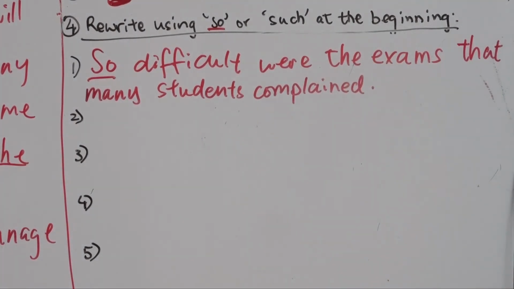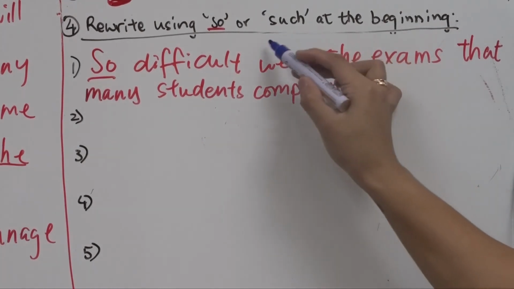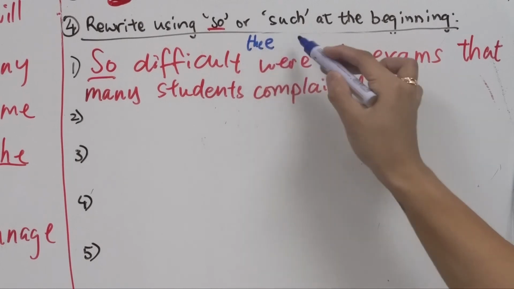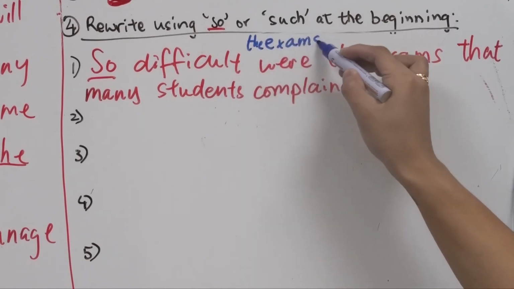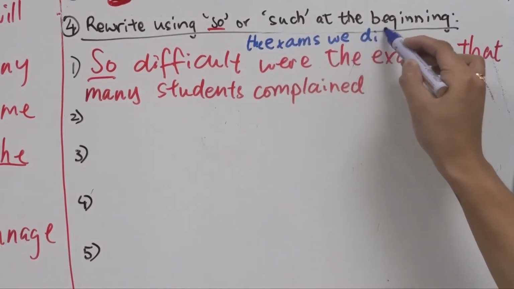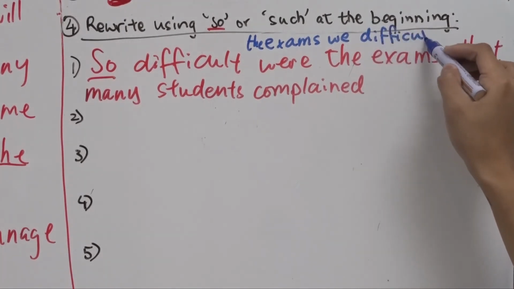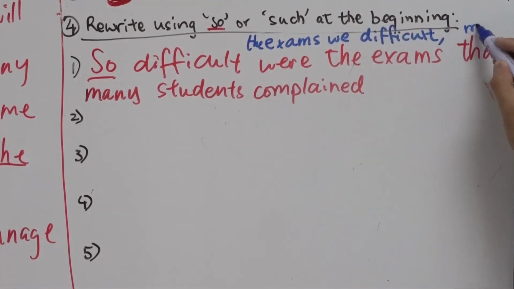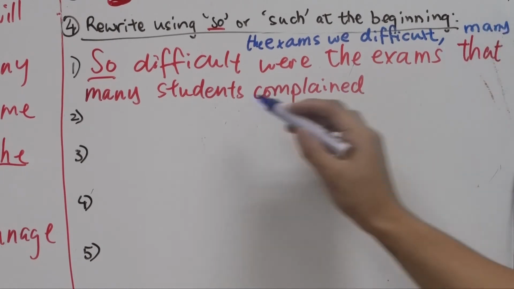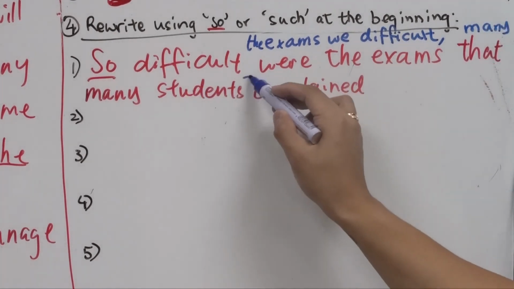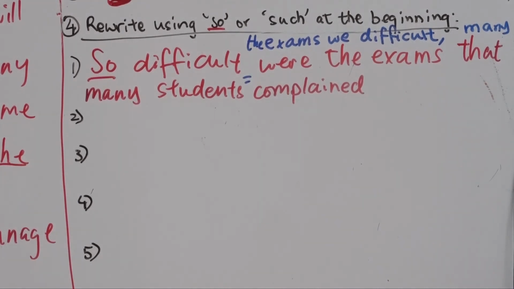Okay, so let's analyze this before we start doing the next parts. So the first is, as the exams were difficult, comma, many students complained. As the exams were difficult, comma, many students complained.